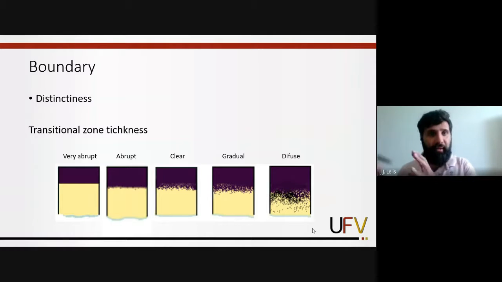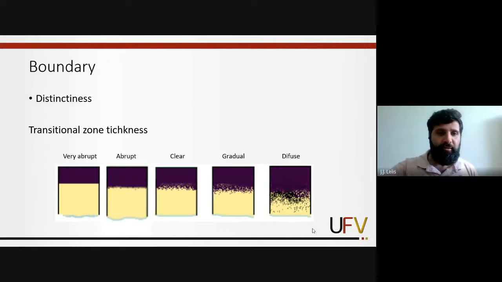They mean that soil has a lot of influence of water in soil genesis. The process of soil formation is quite influenced by water, okay? So keep going with the soil description.